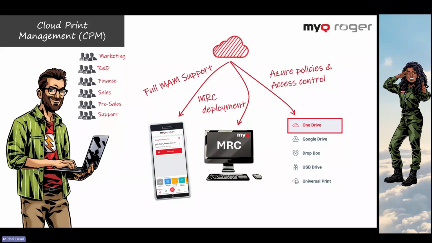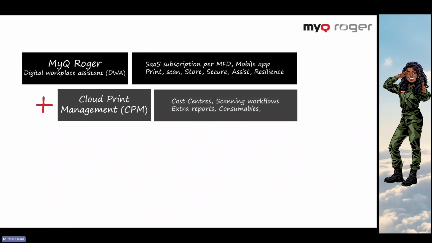So we'll probably just leave it the way that only company OneDrive will be the option available and anything else will be disabled. So the user will not be able to set their own account. They will not be able to define a connection to their OneDrive because it will be completely controlled using your policies. So that will be about the CPM, the second module of MyQ.